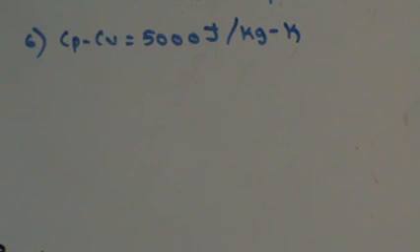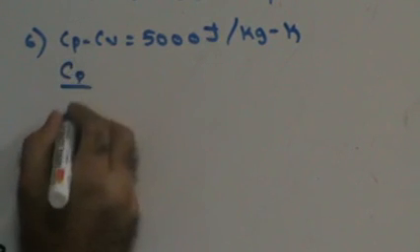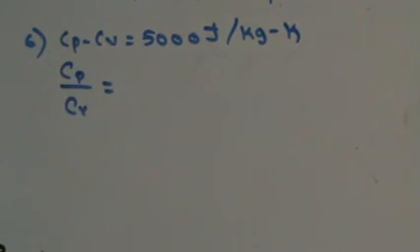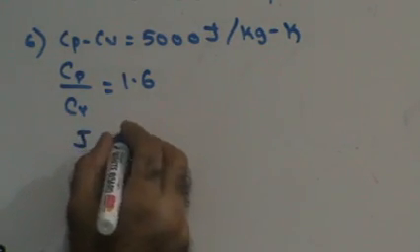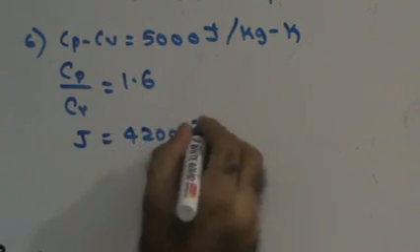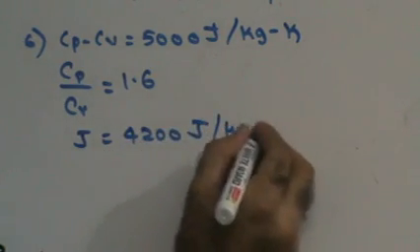If the ratio of the specific heat is 1.6, find the specific heats. If J is 4200 joules per kilocalorie.